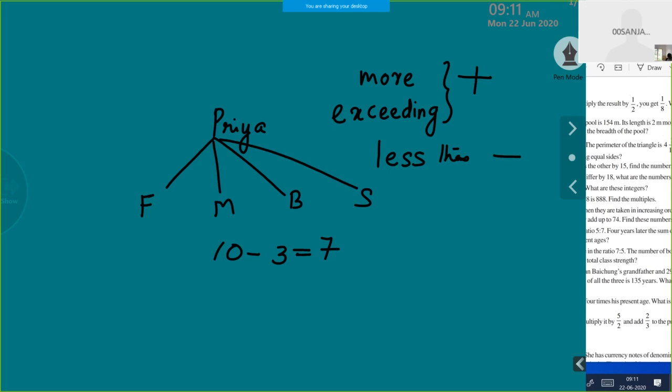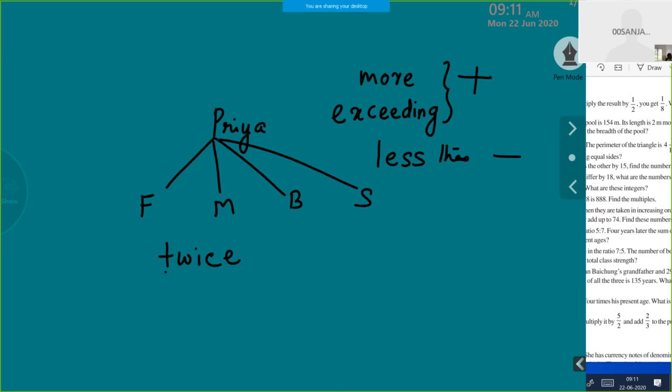Now let me take another example with the same family members. If I say that Priya's father is twice as old as Priya, or Priya's father has got twice the number of chocolates Priya has got.